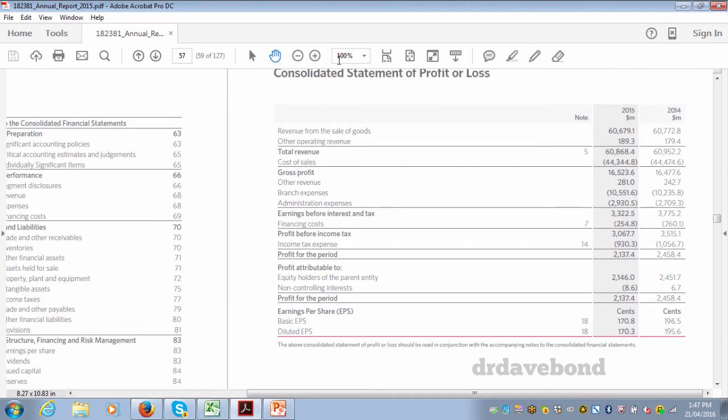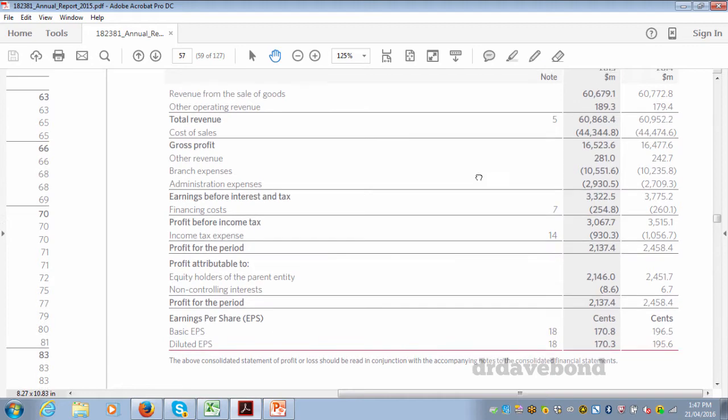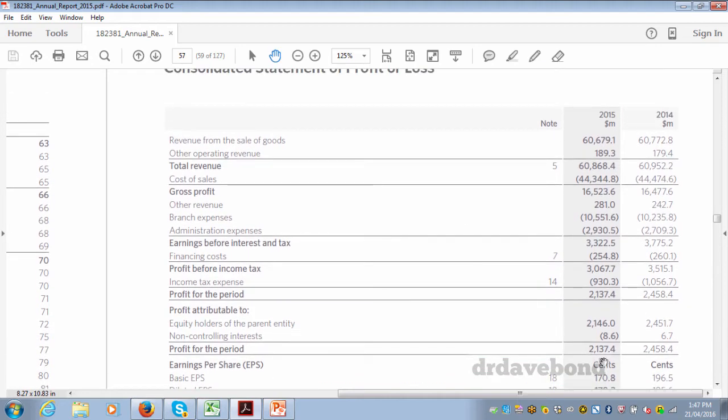Profit for the period was about 2.1. That represents operationally how you've done from a profit, revenue recognition, expense recognition, accrual basis perspective. This represents how you've done operationally from a cash flow perspective. There's a big difference there: 3.3 to 2.1.